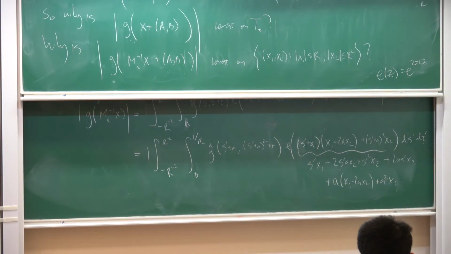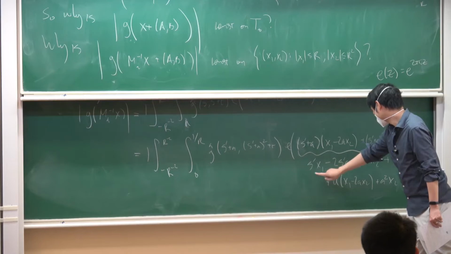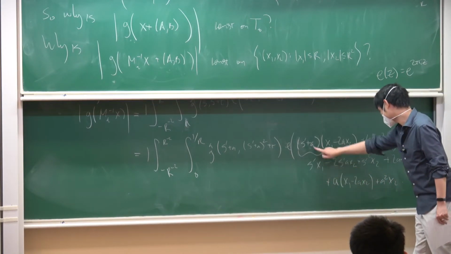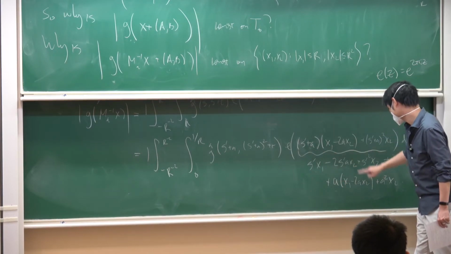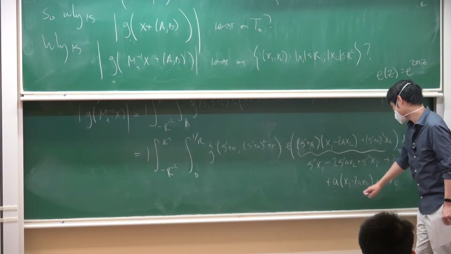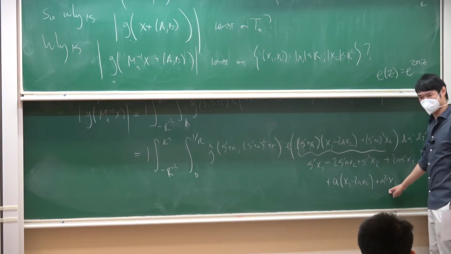Okay, you've expanded everything, and I've collected the a's. So s prime x1 minus 2 s prime a x2 plus a x1 goes here, minus 2a squared x2 goes here, and then s prime squared x2, 2a, and then a squared.